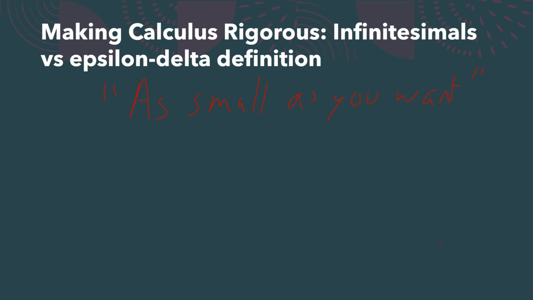And what's interesting about this new definition of as small as you want is that it avoids having to invent new numbers or address these paradoxes. It still gives you the right answer without you having to really question reality as you are coming up with the answer.